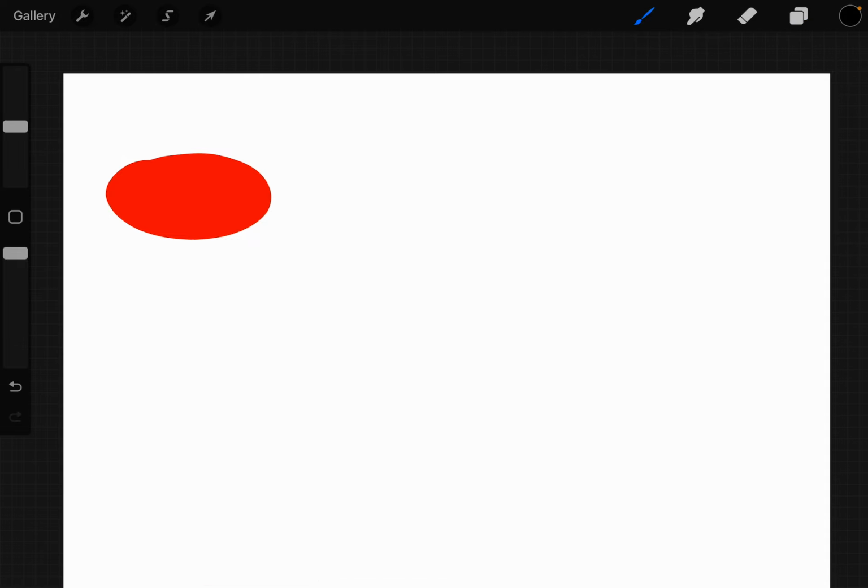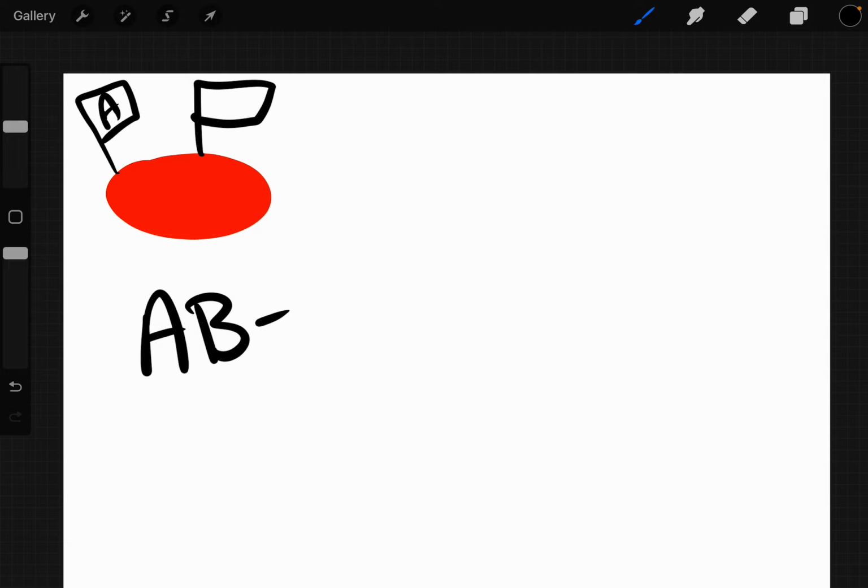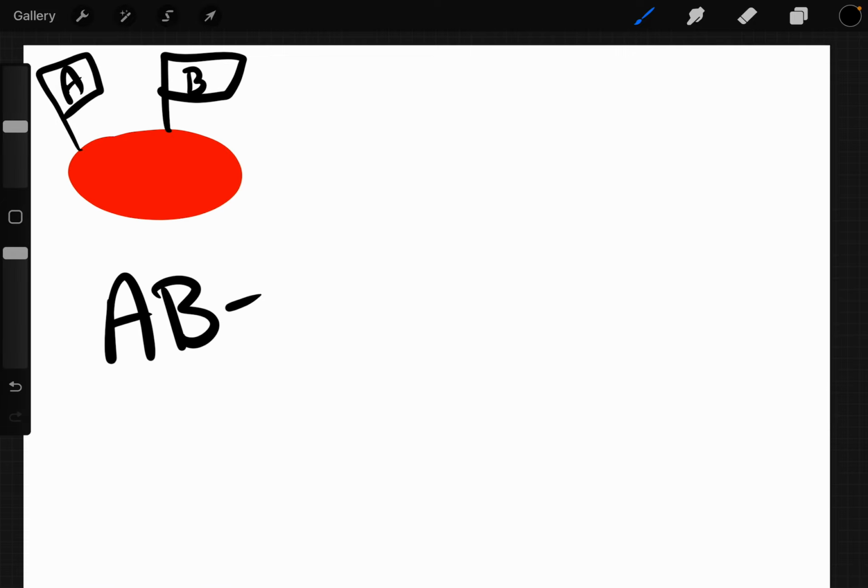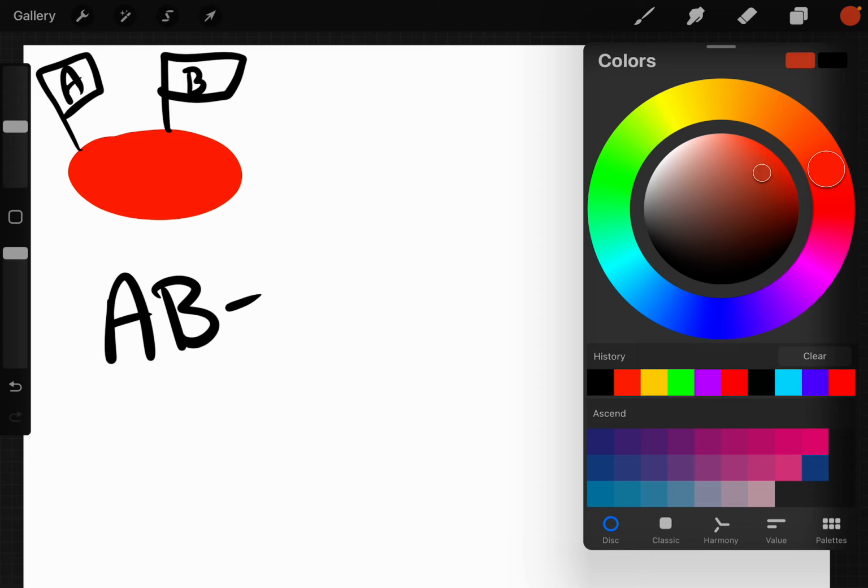Let's do AB negative right now. As I said, we're going to do an A flag and a B flag, and there is no RH flag, which is how we know that it's negative. Now over here on the right side of the screen, we're going to do a different blood cell.